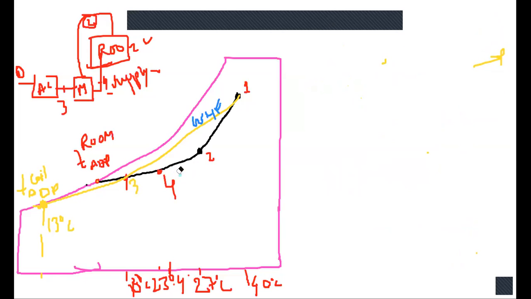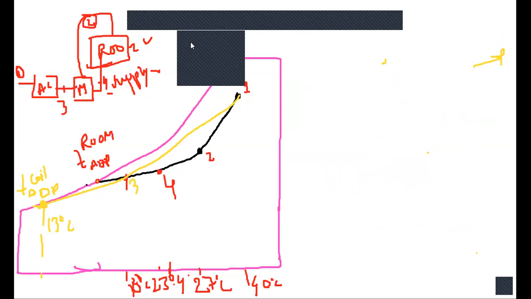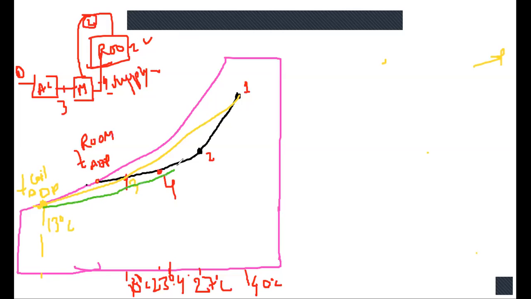Now erase this also. Now draw a line between 2 and TADP of coil.